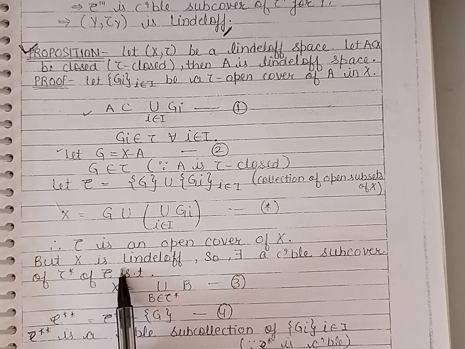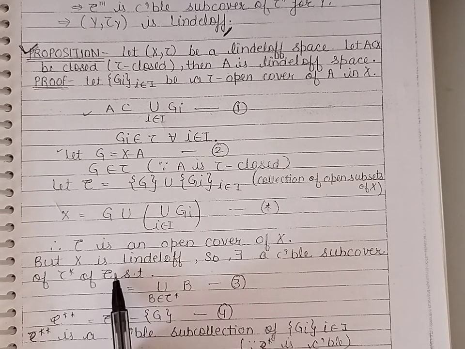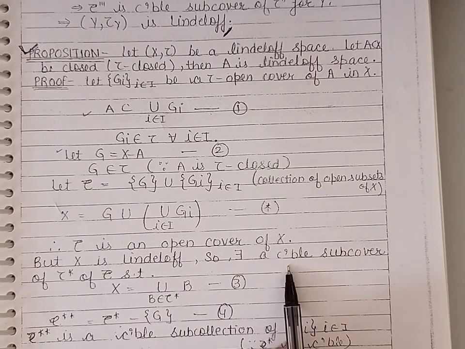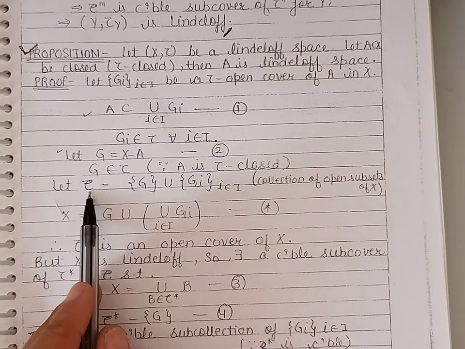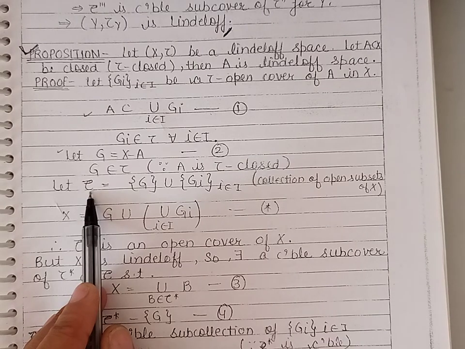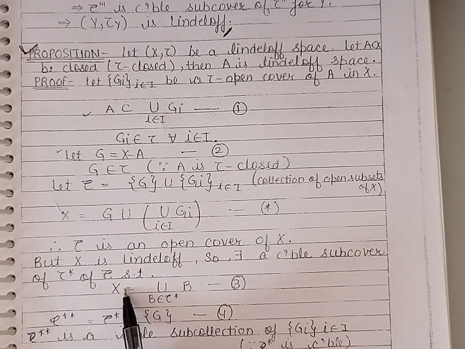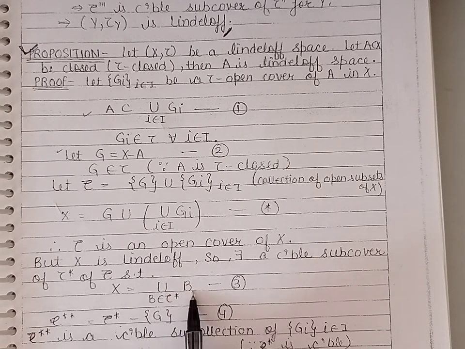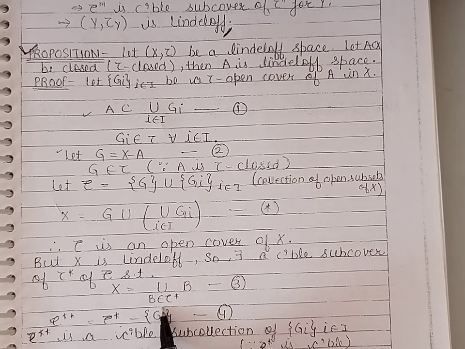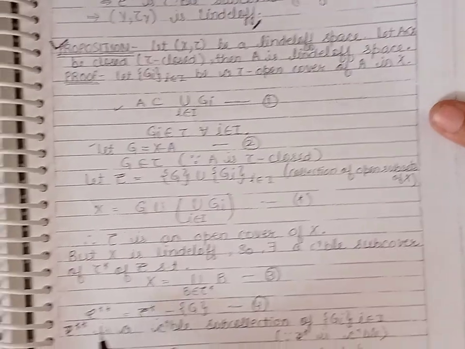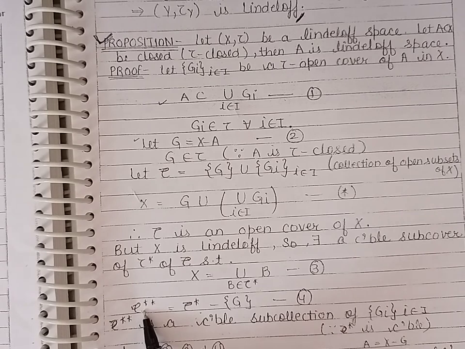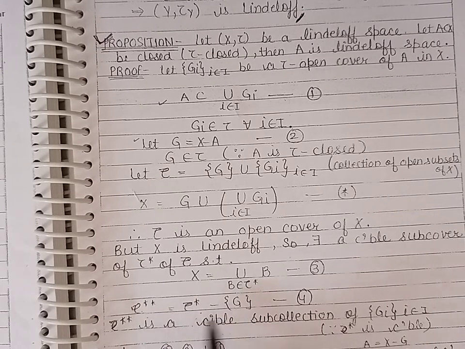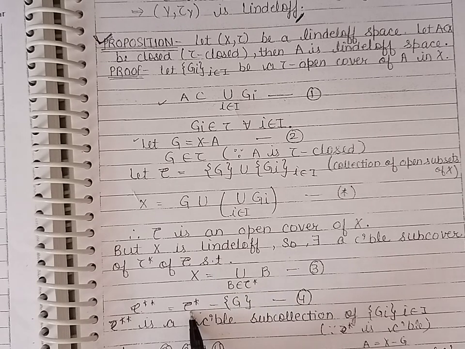But we are given X is a Lindelöf space. Therefore, every open cover will have a countable subcover. So we can say that there will exist a countable subcollection E star from this collection E such that X will be covered by the union of the members from this subcollection. Now, let us take a collection E double star, which is formed by excluding the set G from the collection E star.